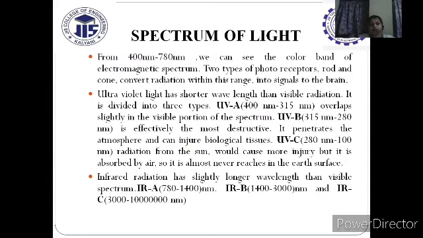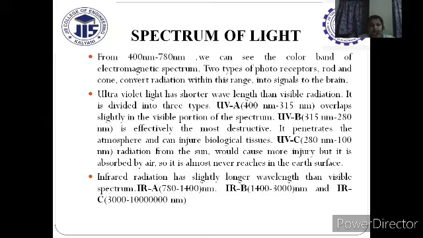From 400 nanometer to 700 nanometer, we can see the color bands of the electromagnetic spectrum. In our human eye, there are two types of photoreceptors, called cone and rod. These rod cells and cone cells convert radiation within this range into signals to the brain.